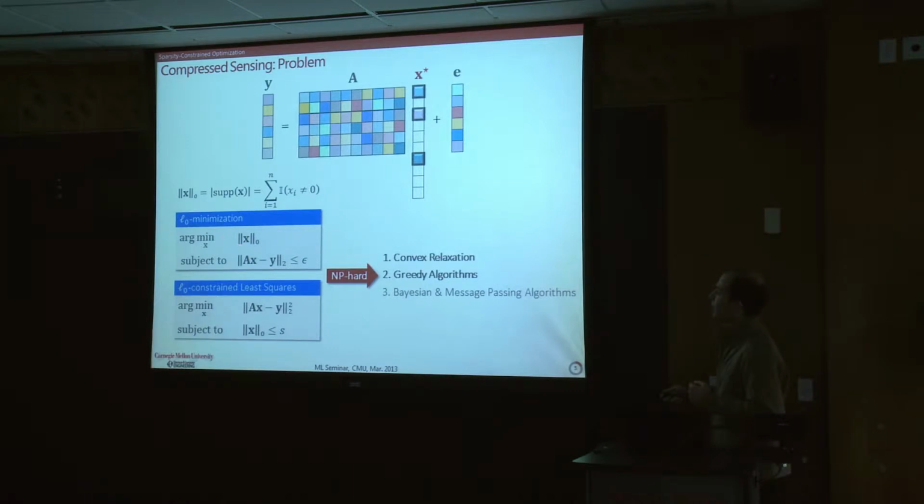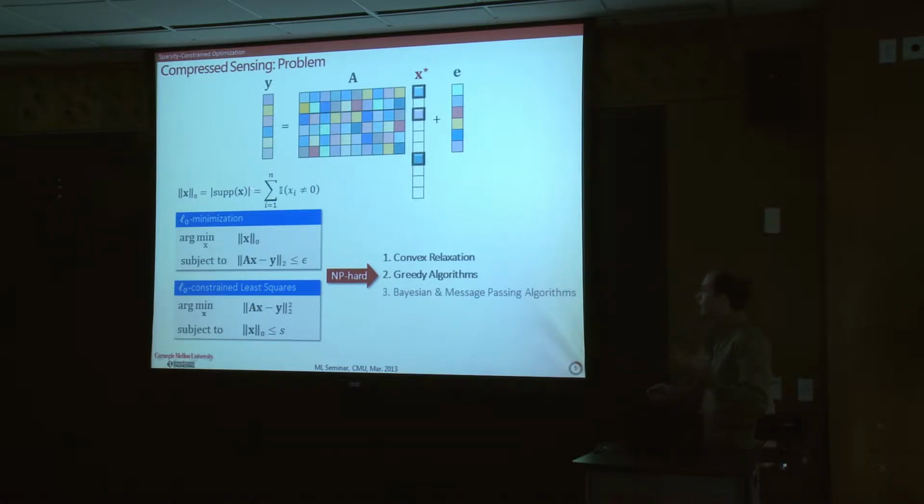In the L0 minimization, you minimize the L0 norm of x subject to consistency with your linear measurements. Or you solve the L0 constrained least squares: you minimize the squared error subject to sparsity of x, the L0 norm of x being less than or equal to s. The problem with these two optimization problems is that they're NP-hard, and you have to do some approximation.